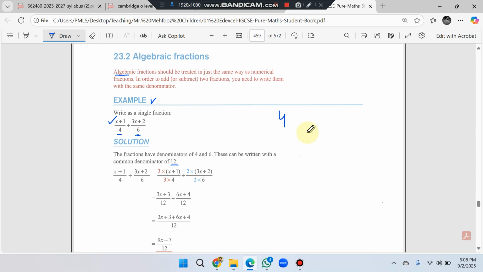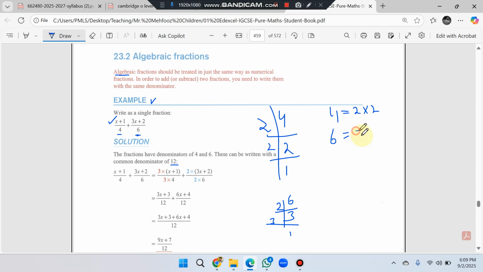Because we have 4, and when we take the factorization of 4, it becomes 2 times 2. Again we have 6, and 6 has the factors 2 times 3.